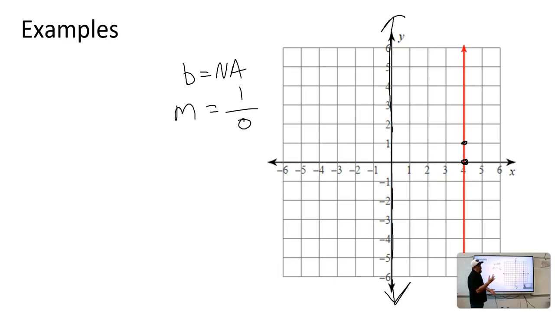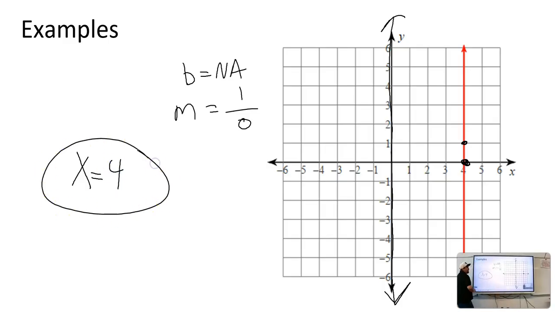So the slope is undefined, and we don't have a y-intercept. Whenever this happens, we're just going to say x equals wherever we cross the x-axis. In this case, we crossed it at 4, so my equation is x equals 4. Whenever you get that combination, you're just going to write x equals 4. That's just telling you there's a vertical line right here where we cross the 4 of the x-axis.